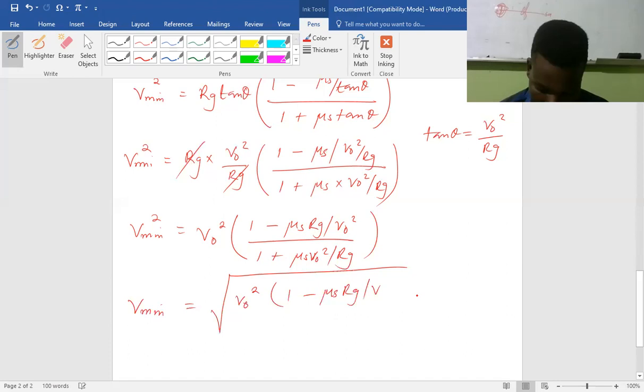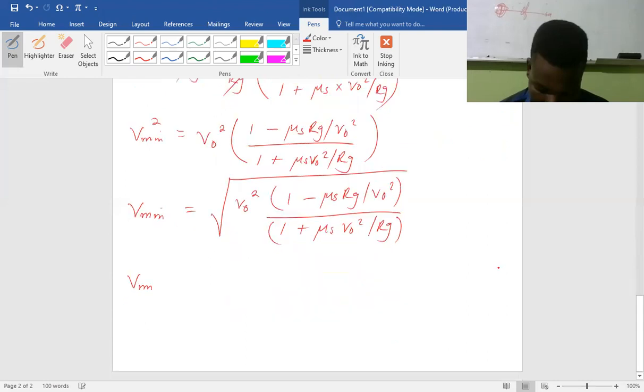So since that v naught inside there is squared, we can get it out. The square root of v naught squared is actually v naught. So we are going to have v naught and then the square root of 1 minus mu s rg over v naught squared over 1 plus mu s v naught squared over rg.